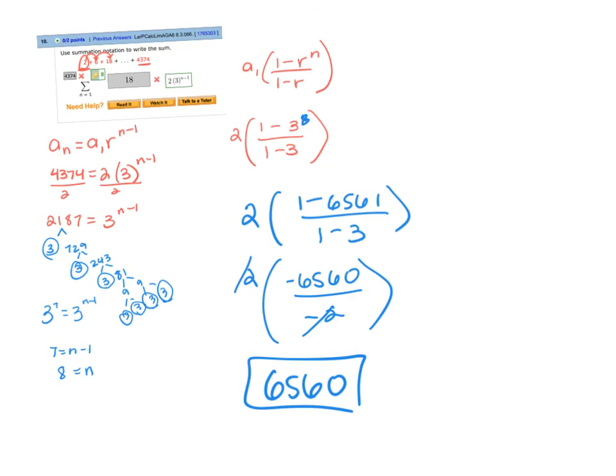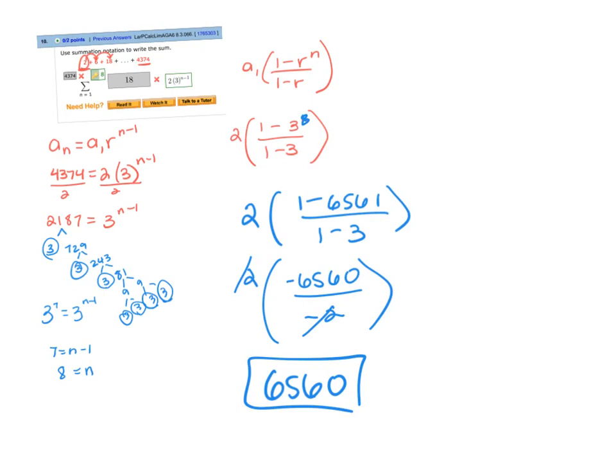Oh, wait, what did it ask for? It wanted the summation. Oh, it just wanted the equation. I'm so dumb. It just wanted the equation. Did that whole thing. That's okay.